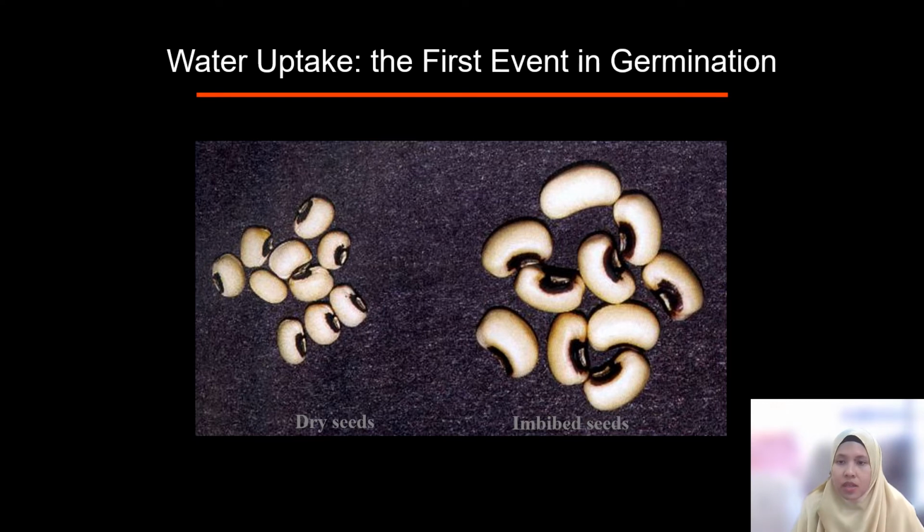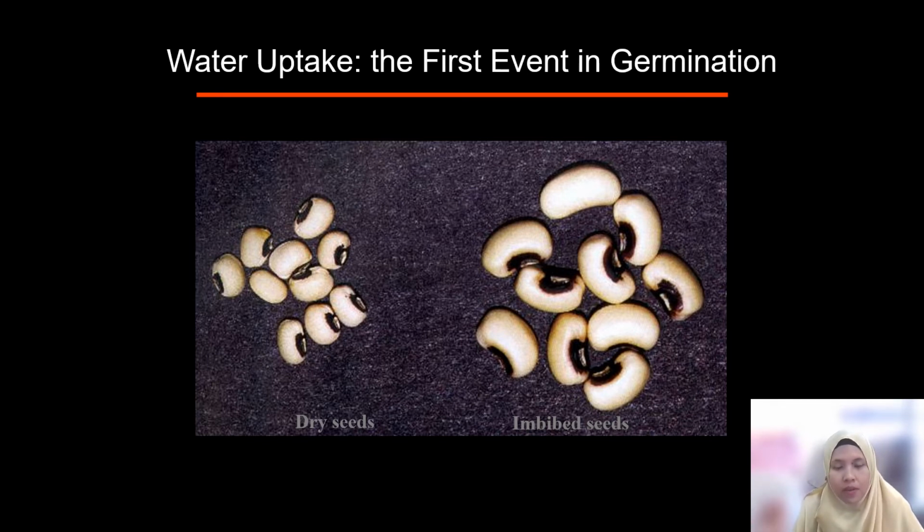Dormancy is a process where they will release their water content up to only 5% water content in their seeds. Because dormancy means that they stay quiet, they haven't received the signals or they haven't received the cues yet for them to grow into seedlings, right? So that's why they will lose all their water content and they are in the dehydrated mode.